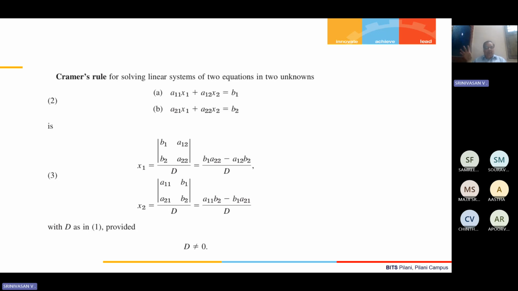There is only one column b1, b2, b3. That is dz. So that z equal to dz by d. What is d? Originally coefficient matrix, isn't it? That is what it is here. So instead of dx, someone will say d1. And this is d2. These are just notations.